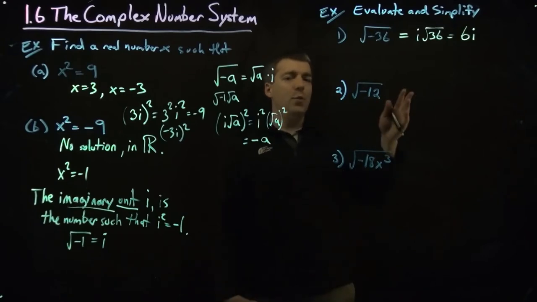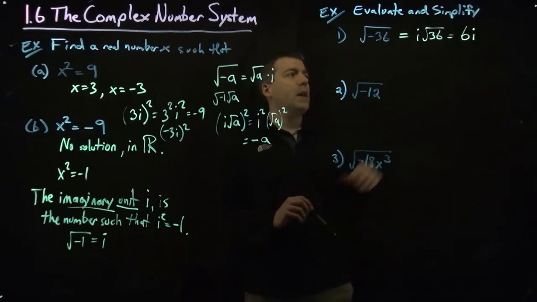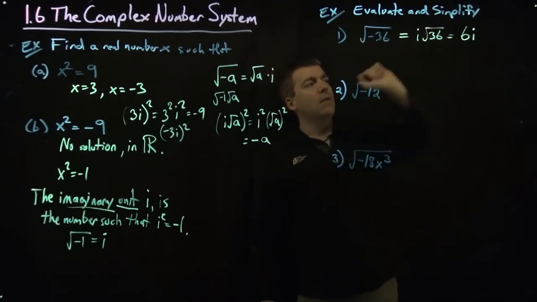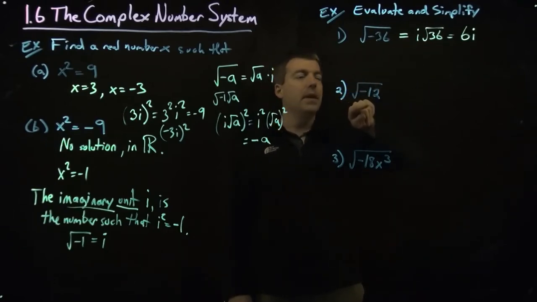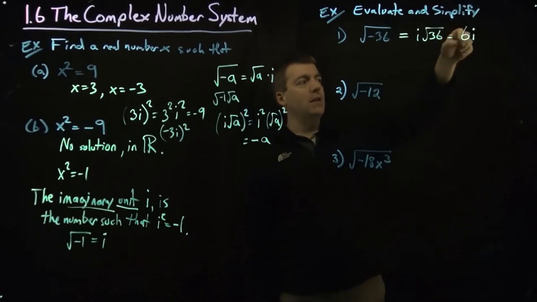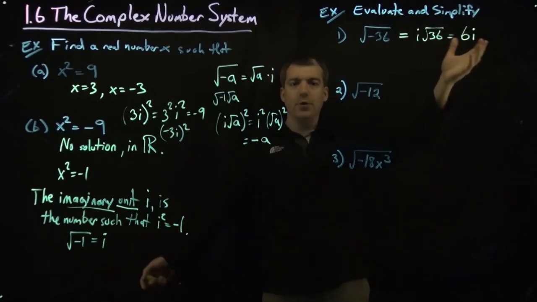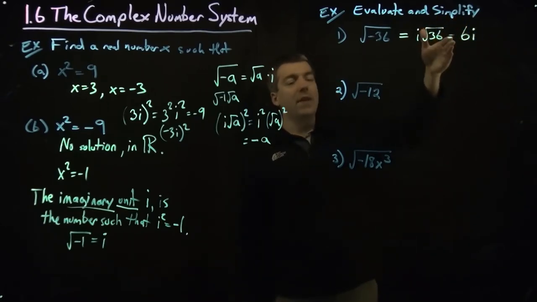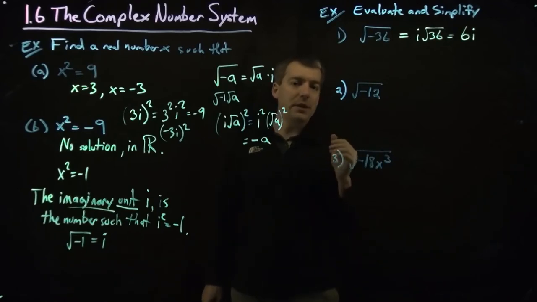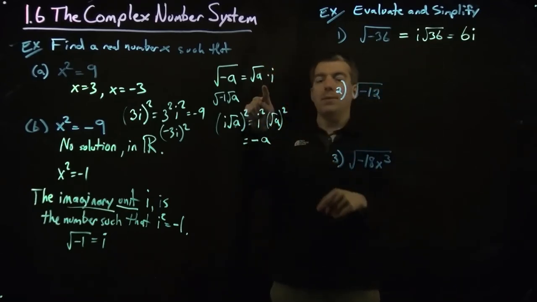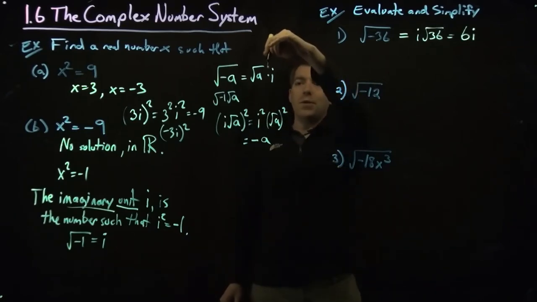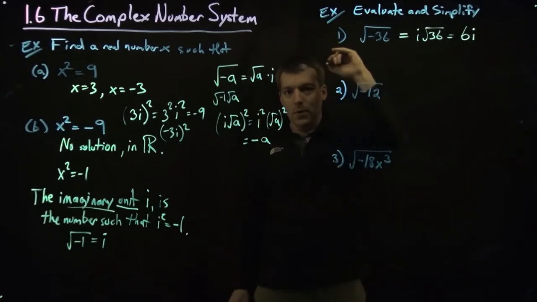Okay, just one comment about notation. If we have a radical in our expression, we typically write that after the i. And if we have just a number, like an integer or decimal, we would write that in front of the i. The reason is, if we put the i on the right-hand side of the square root, it could be confused as being under the square root.